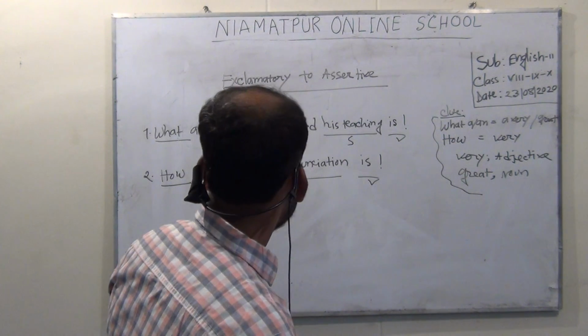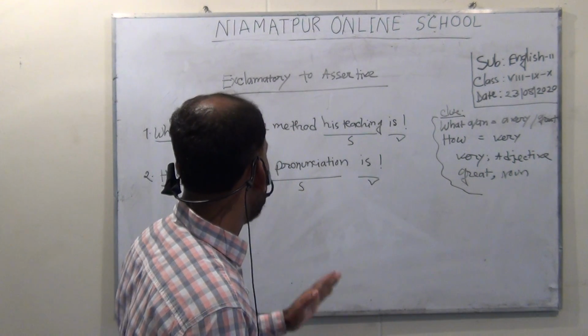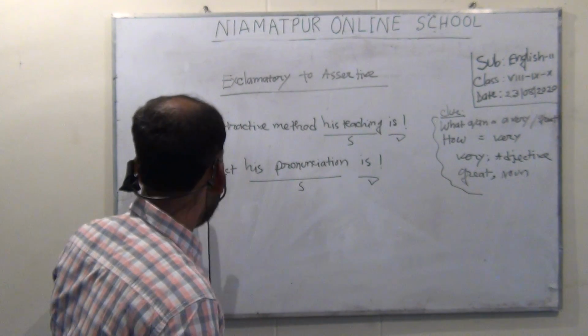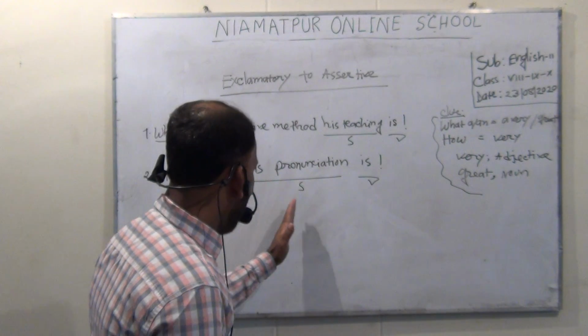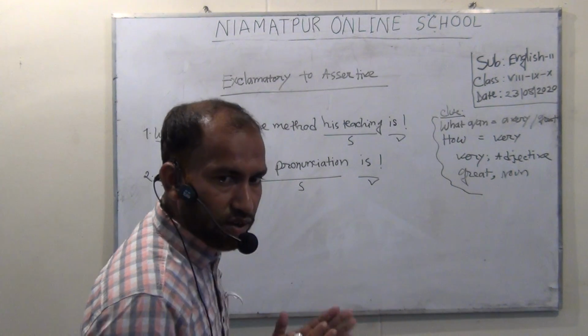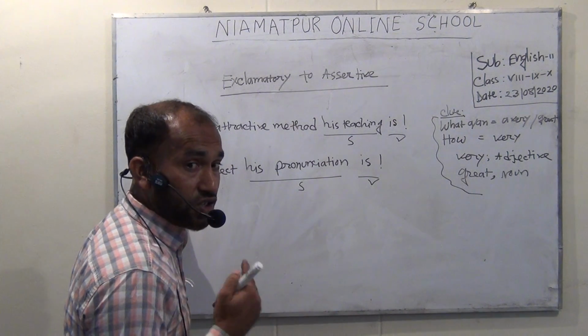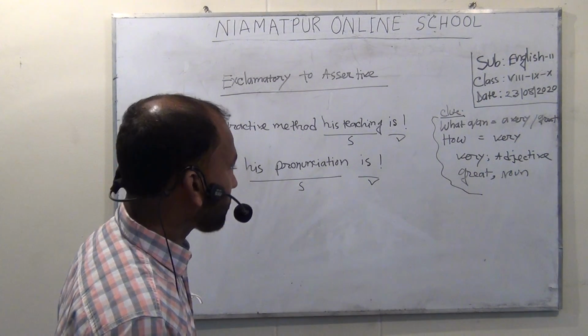Subject and verb at the end of the sentence make it an exclamatory sentence, and the sentence starts with what and how.